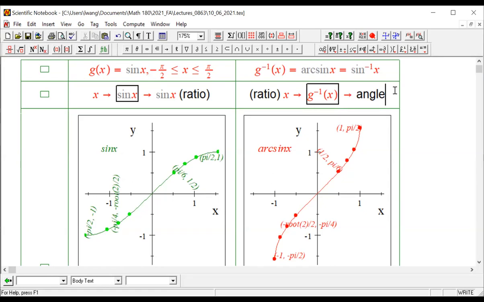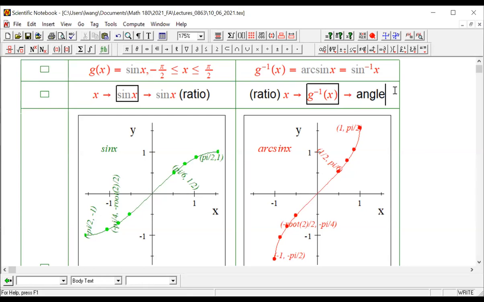Just like at the beginning, when we talked about inverse, in the process of finding the inverse, the first step is what? We swap x and y. And the implication of that swap involved the domain and range swap, and there's a lot of implication in that process.